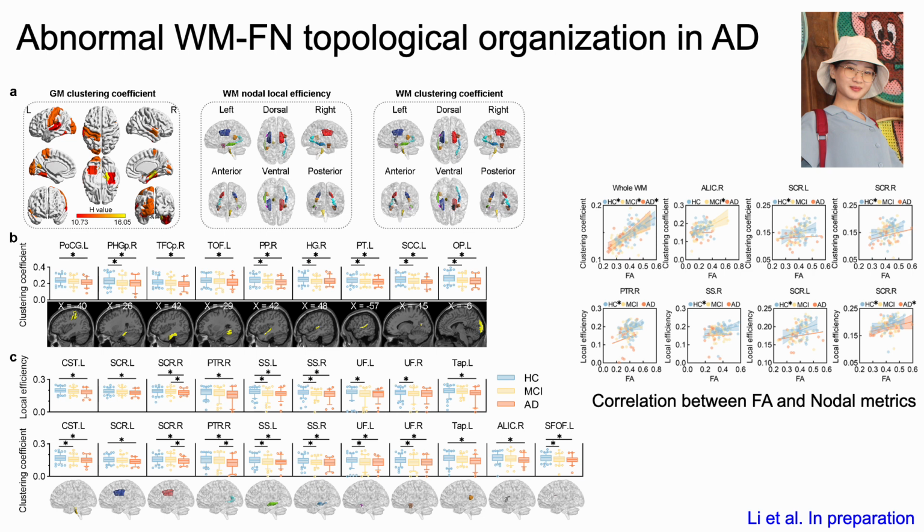The figure on the left shows decreased clustering coefficient and local efficiency in gray matter or white matter regions, which suggests disrupted information processing efficiency in AD. On the right side, what is shown is the significant correlation between FA and nodal topological metrics, which may provide new evidence on the association between structure and function in white matter, suggesting a structural basis for BOLD fMRI signal in the white matter.